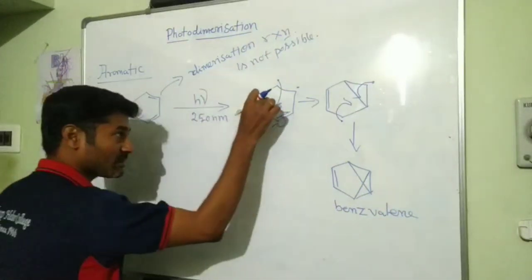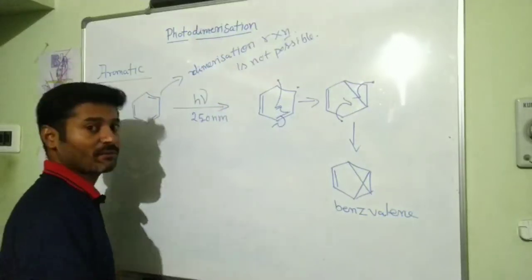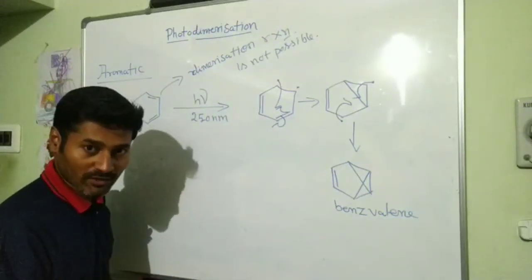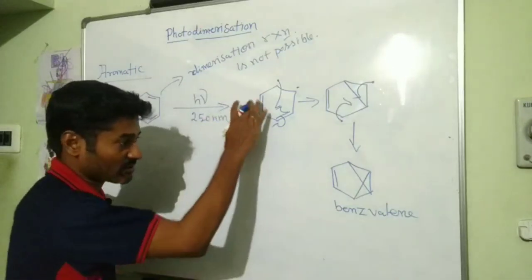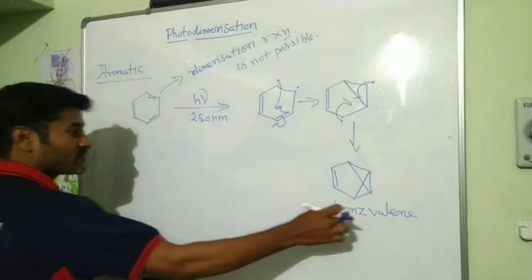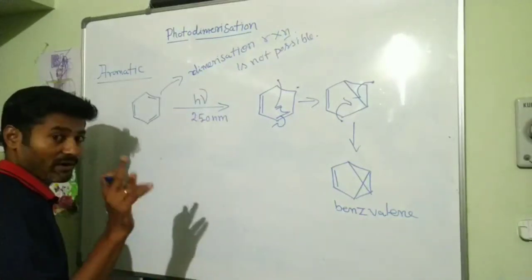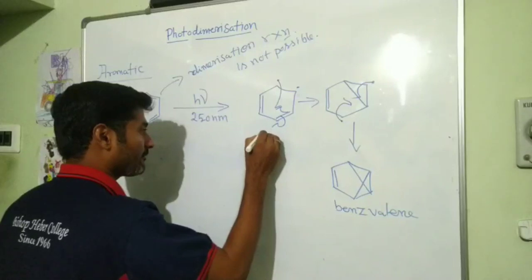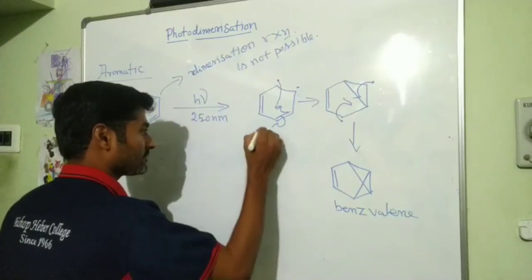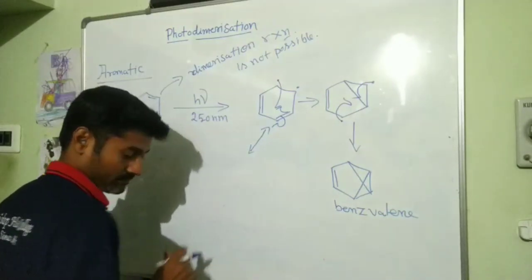This is highly unstable, so therefore this will undergo intramolecular reaction instead of intermolecular reaction. If intermolecular reaction is possible, then you'll get dimer, but that is not possible here, so you'll get benzvalene as one product. And another product is, let us consider this.